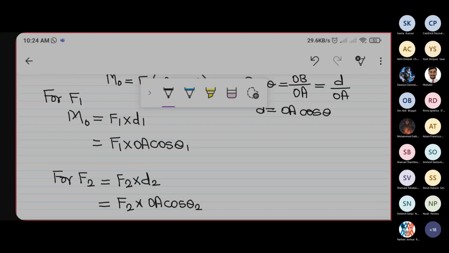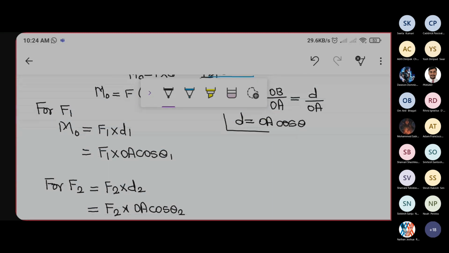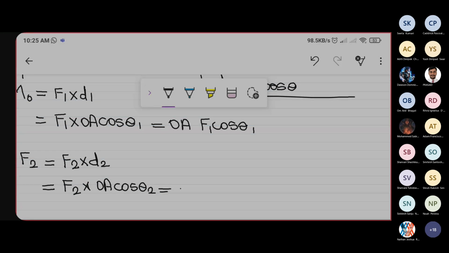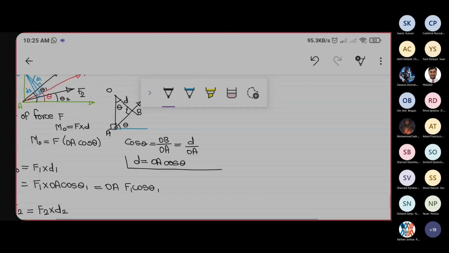Okay. Now, what I will do, I'll keep OA common and I'll make this term as F1 cos theta 1. Just rearrangement. I'm not doing anything. OA into F2 cos theta 2. Let's go to the diagram.